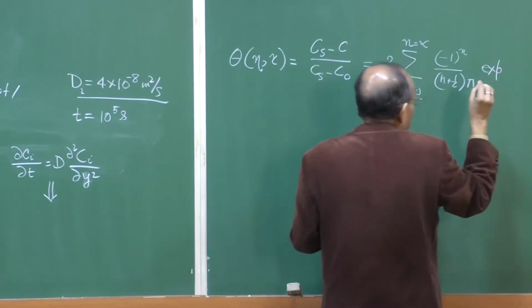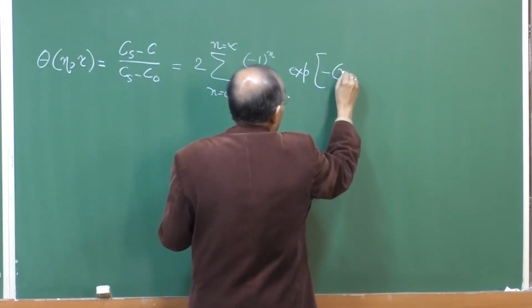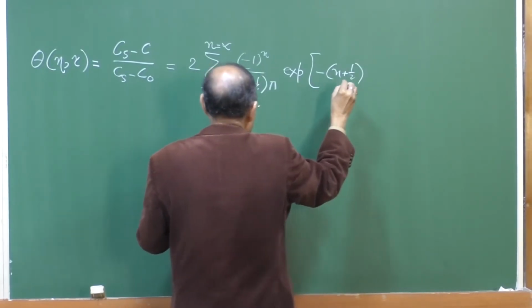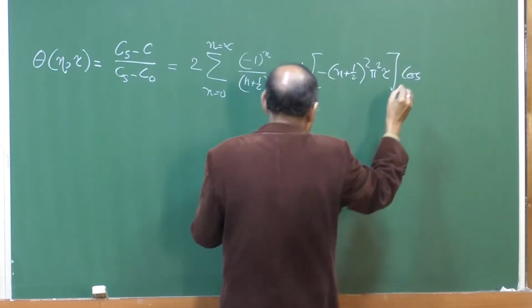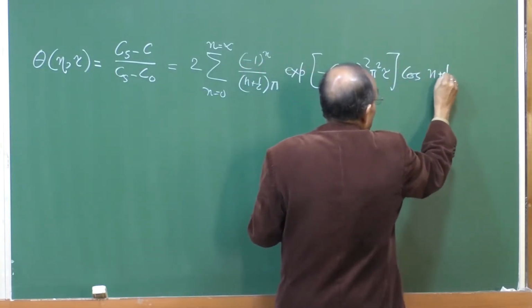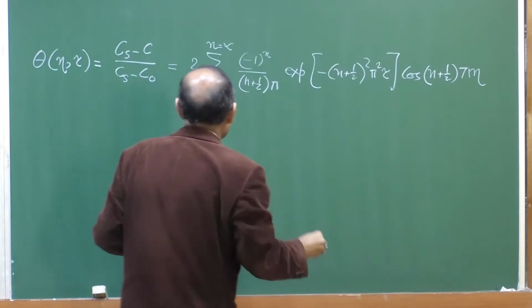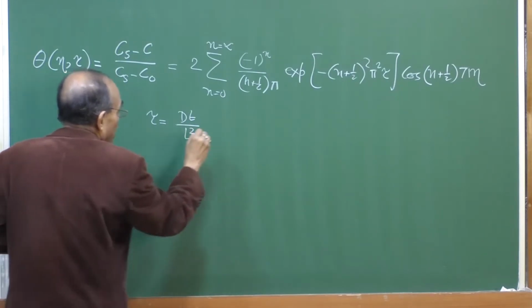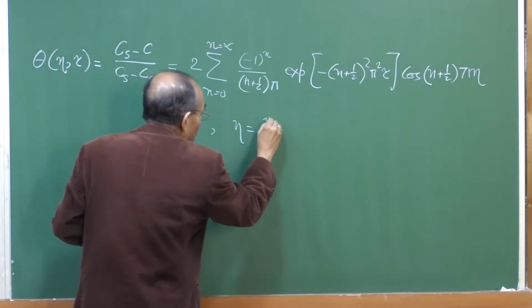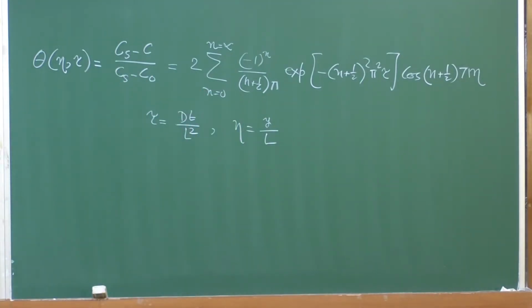The first term is the exponential term, minus with respect to time, from the product solution technique, exponential of minus n plus half whole square pi square tau, and the second is cosine of n plus half into pi eta, where tau is equal to Dt by L square and eta is equal to y by L. That is the definition. Either I can write it in terms of dimensionless concentration.